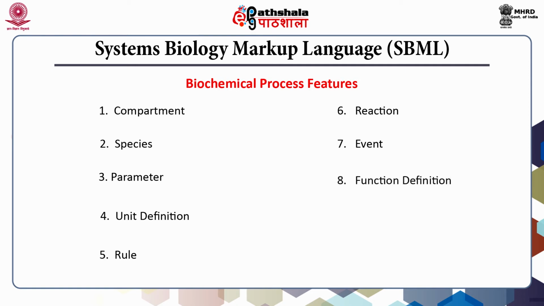And then the eighth is the function definition for individual reaction rate law to be followed during simulation. And ninth is the initial assignment of the levels, whether fixed or based on some mathematical formula. And finally, the 10th feature is the constraint which is to be followed during simulation.